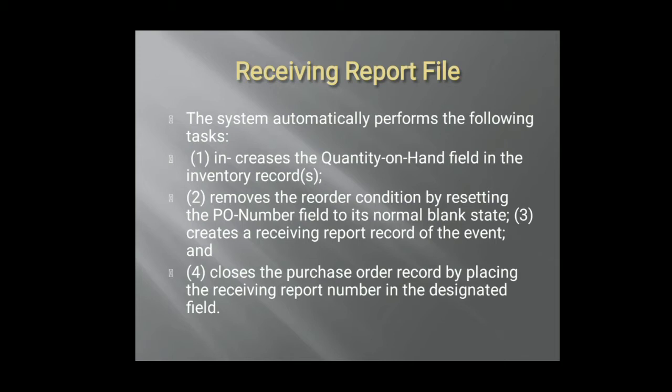Second, it removes the reorder condition by resetting the PO number field to its normal blank state. Third, it creates a receiving report record of the event. And last, it closes the purchase order record by placing the receiving report number in the designated field.